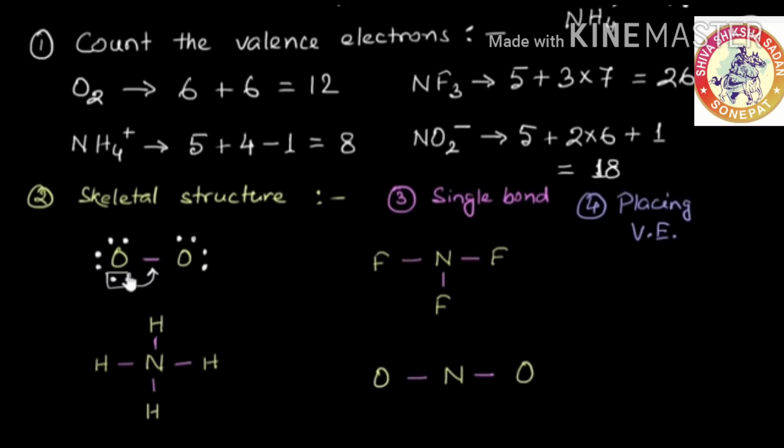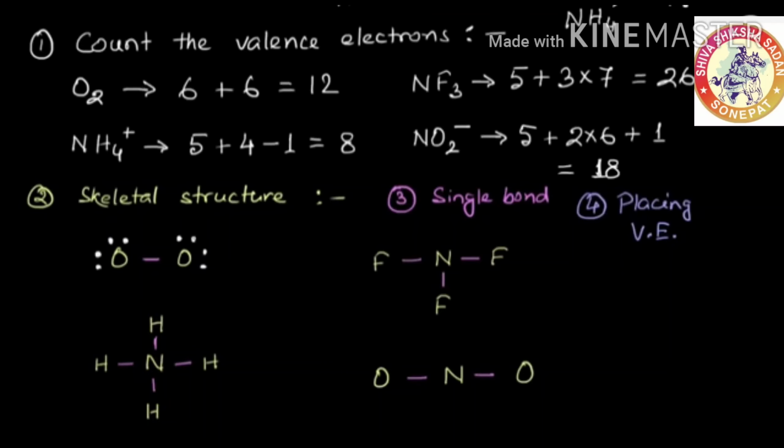So this molecule should be represented as a double bond between 2 oxygen atoms, and each oxygen carries 2 lone pairs of electrons or 4 single electrons.